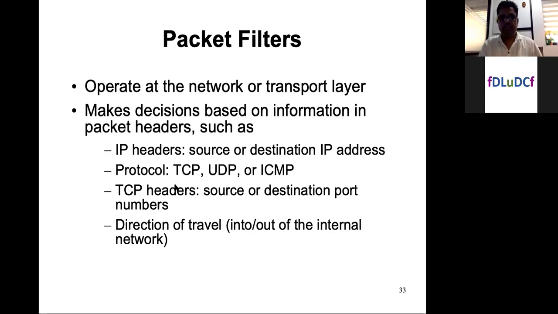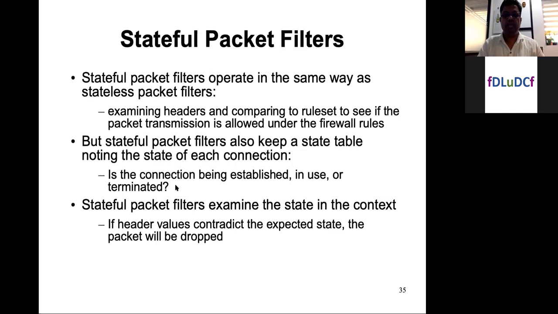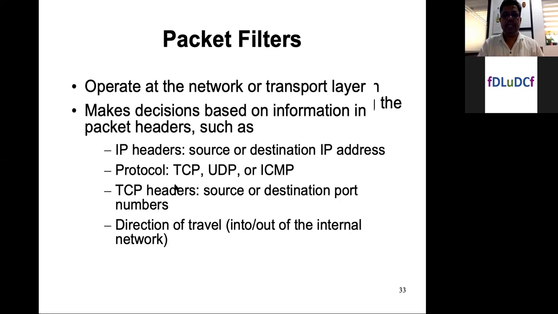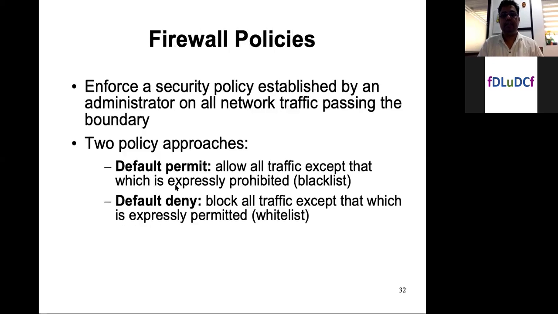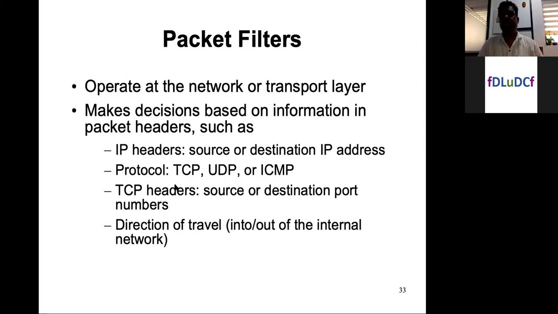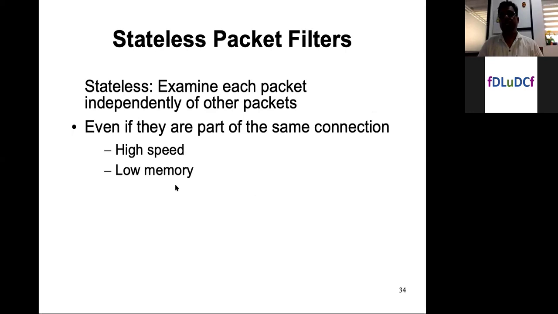If we use packet filtering firewalls, there are two types we can see. One is stateless packet filtering. We are not keeping any status regarding the connection. Because of that, one packet and the other packet are entirely independent to the firewall. They may not see the connection.